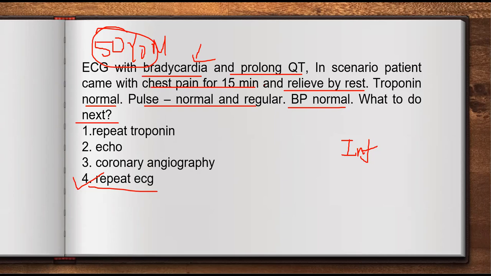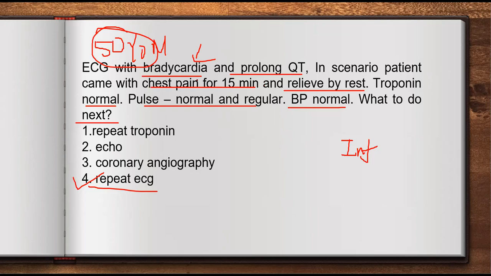Even if it is relieved by rest, even when the patient came to you through ambulance, they have been given everything, and when they present to you, they are totally pain free, that doesn't indicate that you will stop there. You have to do all the cardiac investigations until you go to the last and you treat the cause.